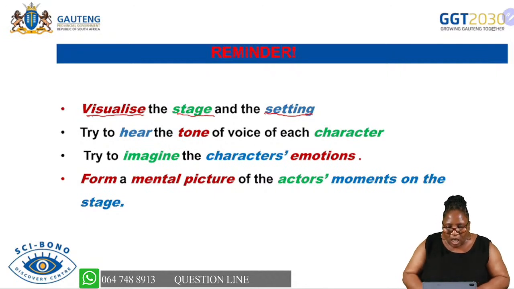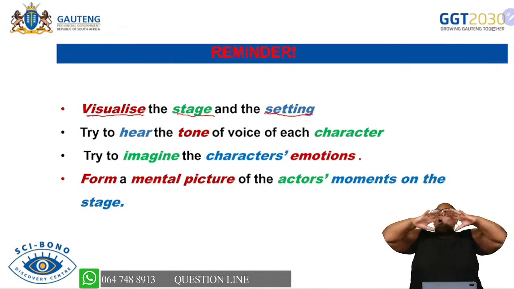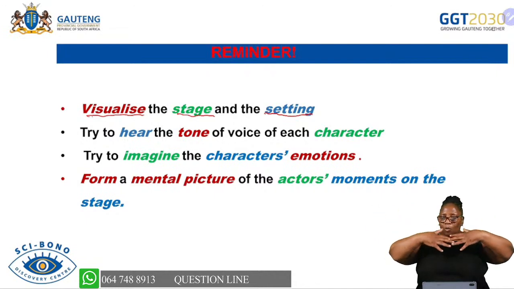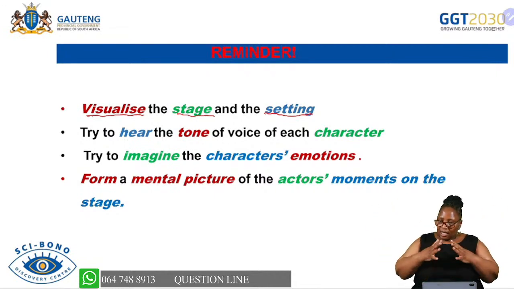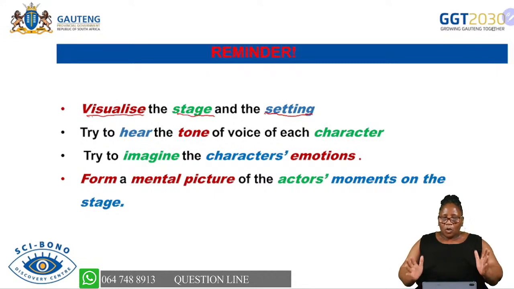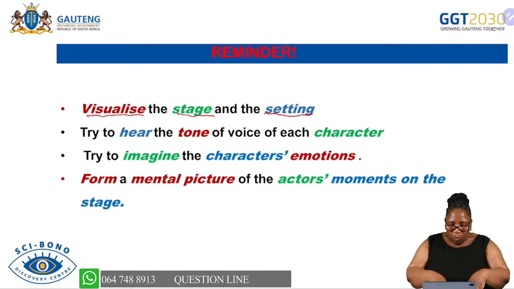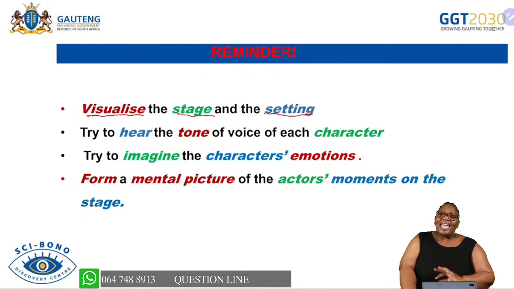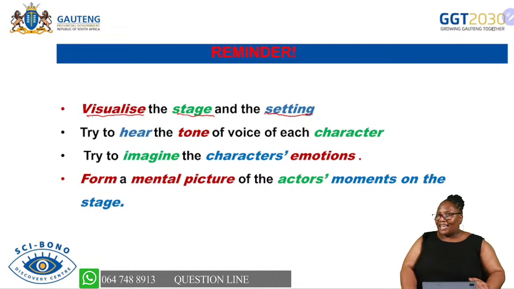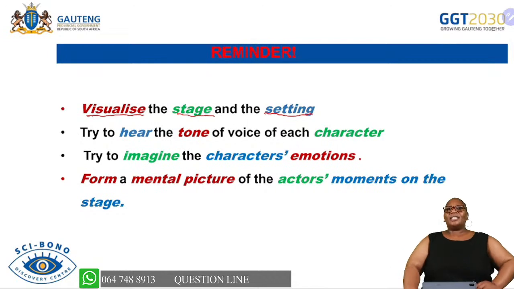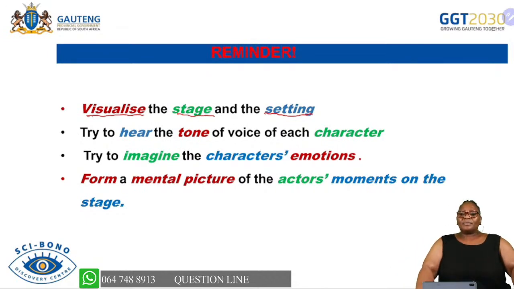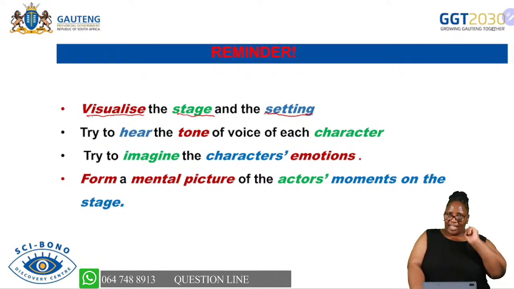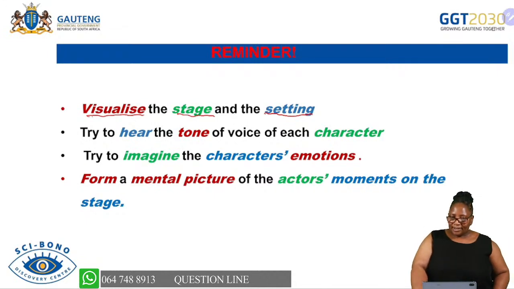Remember, what you have done is you have blocked out all the sounds of what is happening in front of you or beside you. You are only concentrating on the words on paper. You now form a mental picture of the actors. You can imagine Mr. M, isn't it? With his tie, with his chalk, walking very sternly with a purpose.